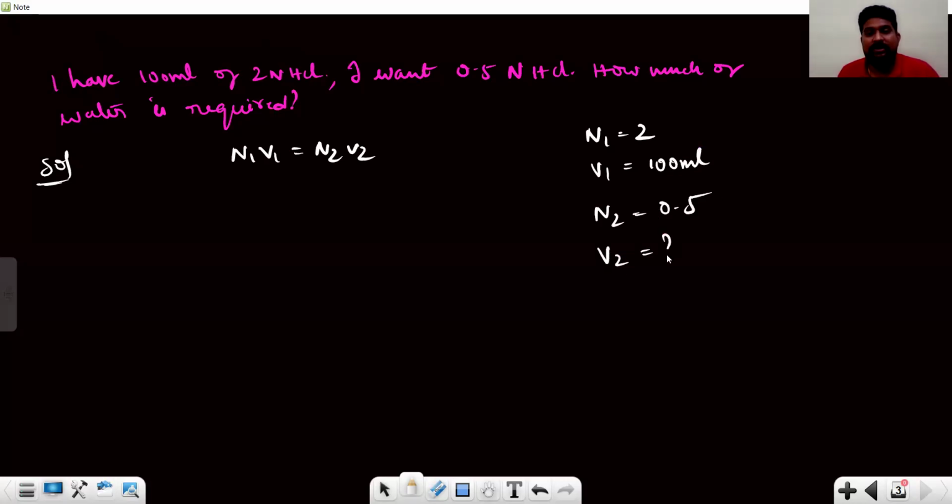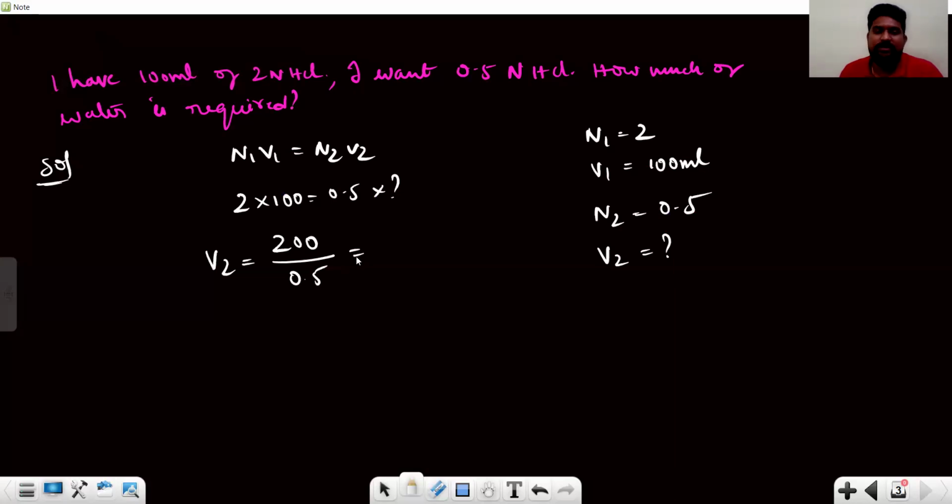And V2 we have to find out. Substituting these values, 2 into 100 equals 0.5 into V2. So V2 is equal to 200 by 0.5. That means how much, my dear students? It is 400. So V2 is 400 ml.